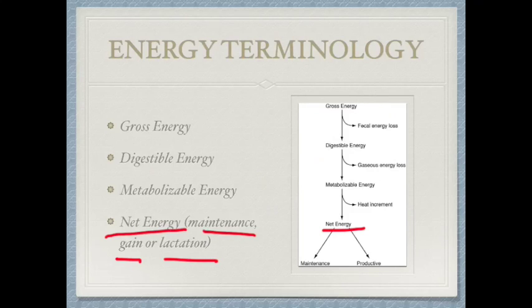This is used in the ruminant species because ruminants give off a tremendous amount of heat because of the microbial fermentation, and they lose a lot of energy through this heat increment. And so that's why ruminant species express their energy requirements in net energy.